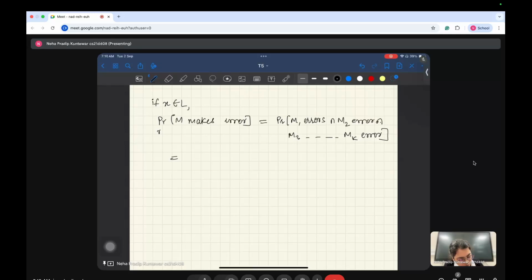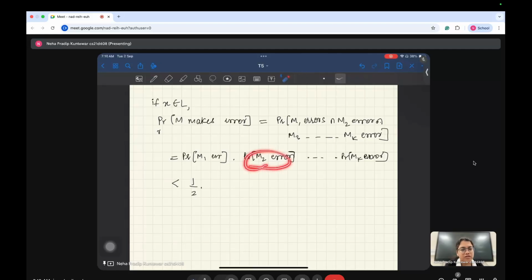This is the same as the probability that M1 makes an error times the probability that M2 makes an error, and so on, times the probability that Mk makes an error. What is the probability that a machine makes an error? Since the success probability is half, it makes an error with probability at most half. These are all independent runs. The output of machine M2 has nothing to do with the output of machine M1, so these are independent events, and therefore it's okay to multiply them.